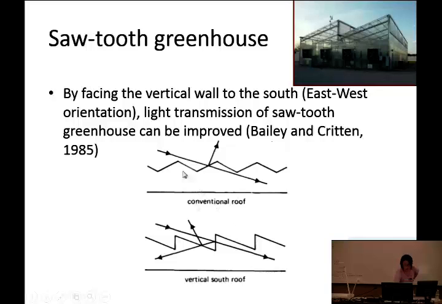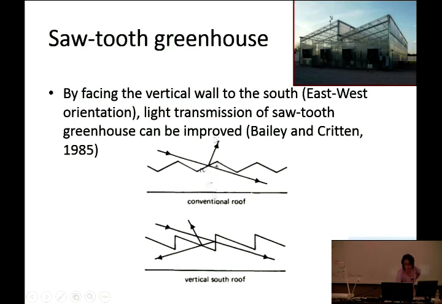If it is the standard greenhouse roof, gutter connected and east-west oriented, the sun is coming through the south-facing wall, and some of the light is reflected, right?